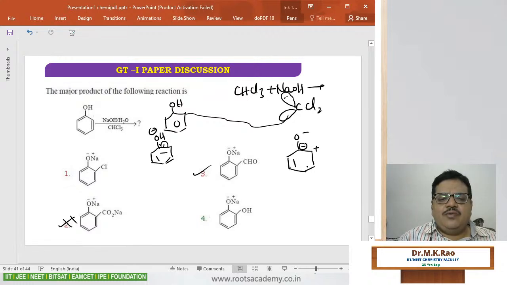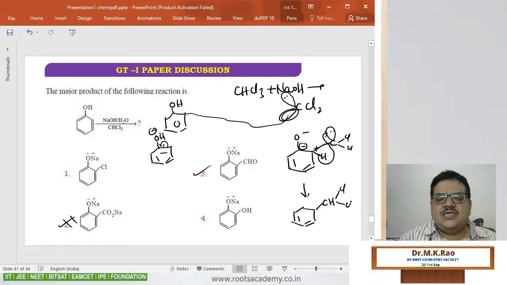Now the dichlorocarbene, with its vacant orbital, will attach here: carbon with a lone pair and two chlorines. Here hydrogen is there; now this H shifts. Here it forms a positive charge, and O minus is already negative.